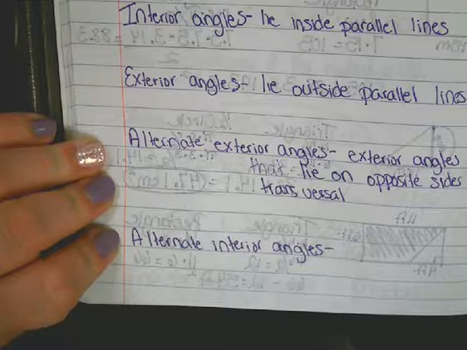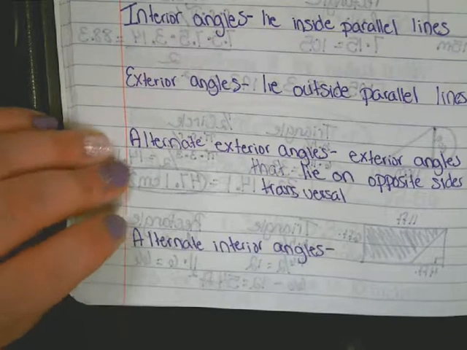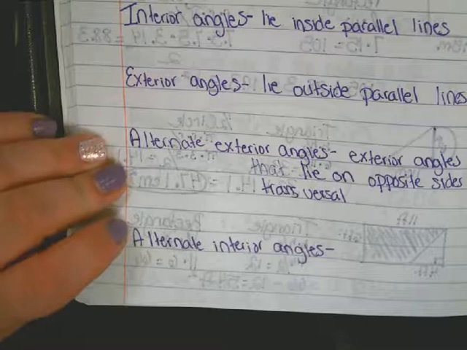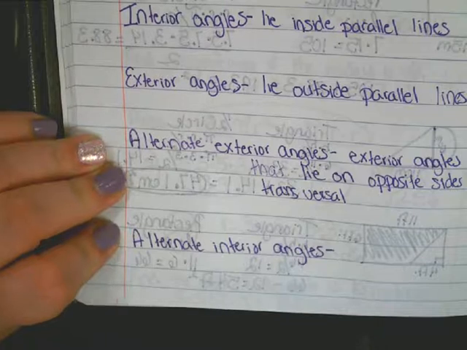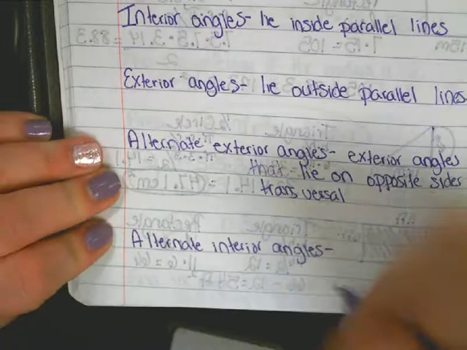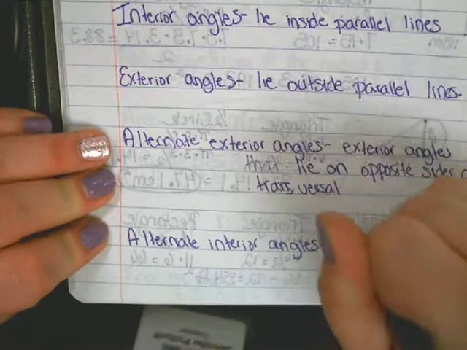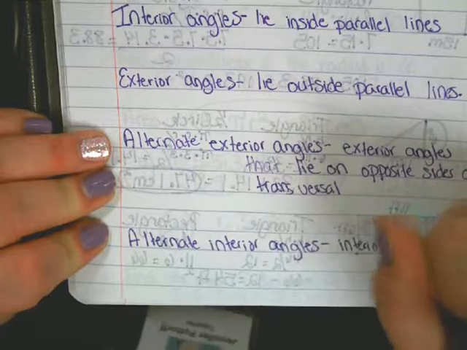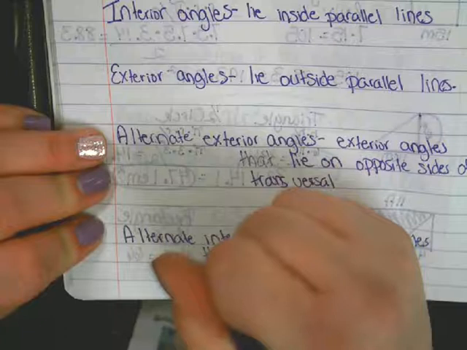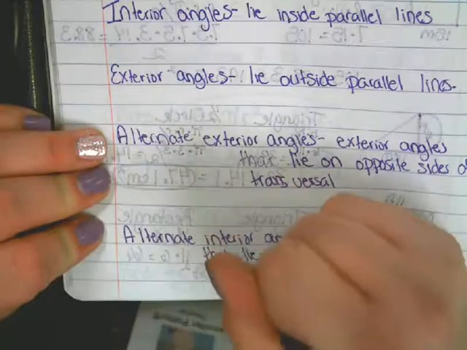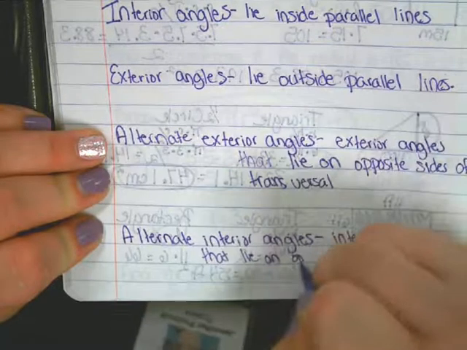If we look at alternate exterior, they're exterior angles that lie on opposite sides of the transversal. Well, they're still alternate interior, so they're going to be interior angles that lie on opposite sides of the transversal.